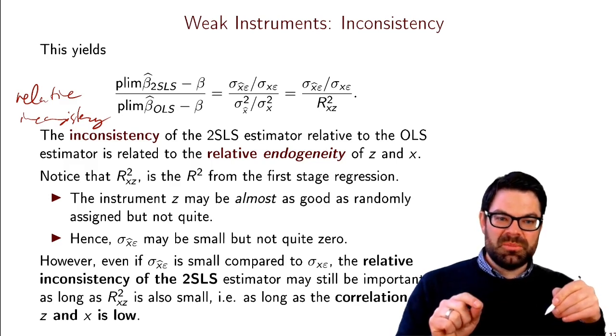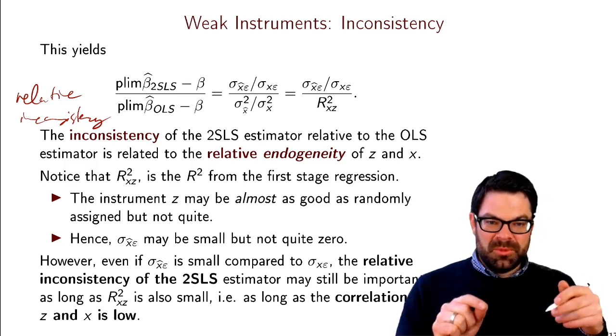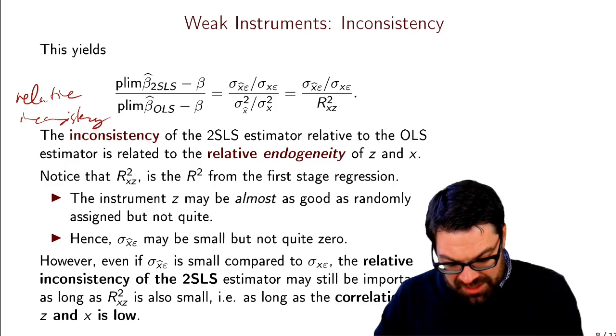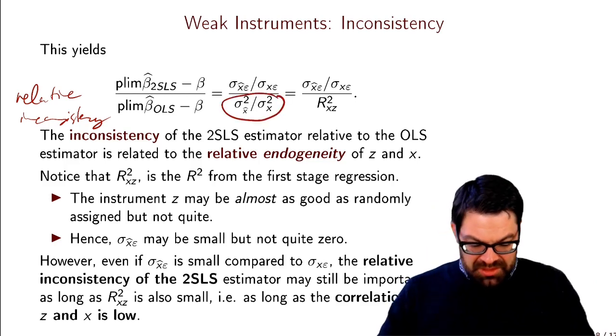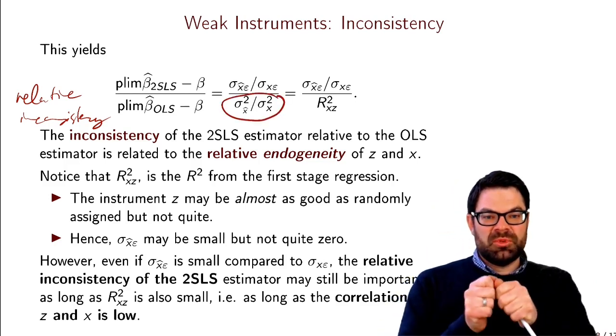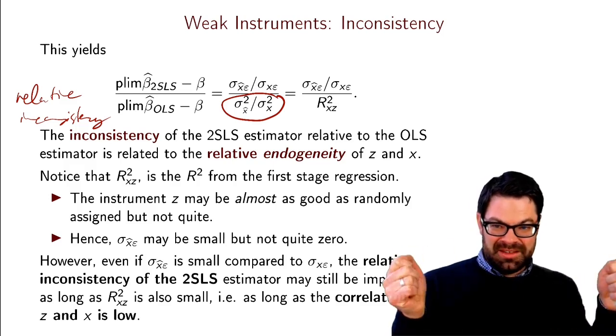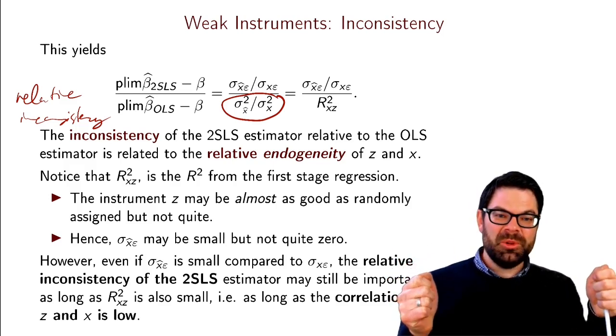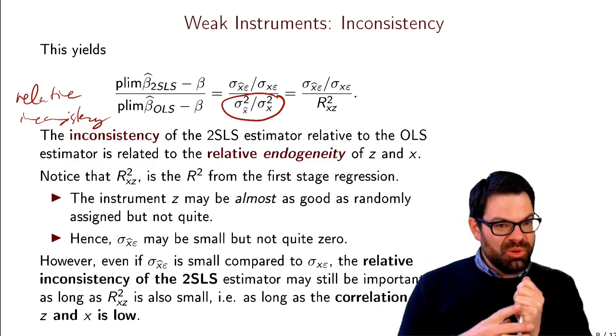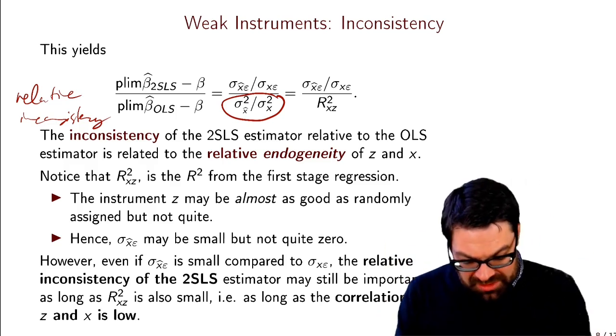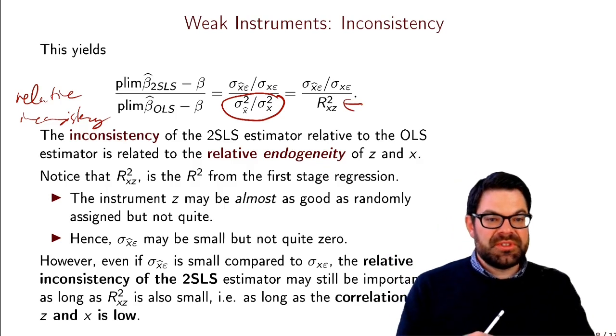So what I did here was I just rearranged these bias terms. And what's very handy is that now we have in the denominator the variation in the predicted x divided by the variation in the x variable, and that can be shown to be nothing more than the r squared of the first stage.